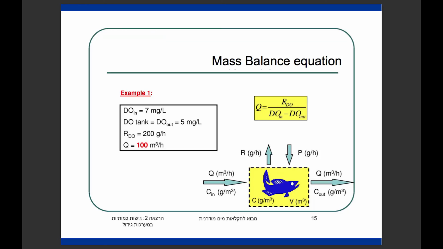And if we take an example, even if it's hard to follow the first time, you have it with you, and it's a very, very simple example. Say we start with a DO of 7 milligram per liter in the input water, in a flow-through system. The water out is 5 milligram per liter because the fish are consuming oxygen.